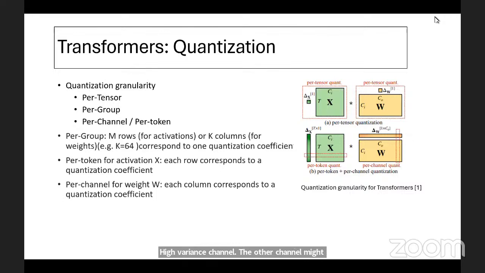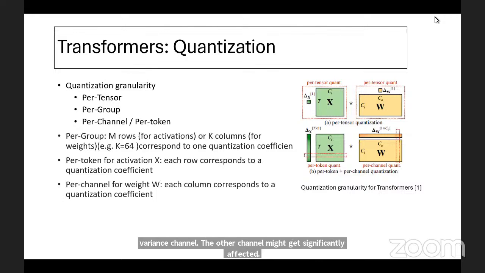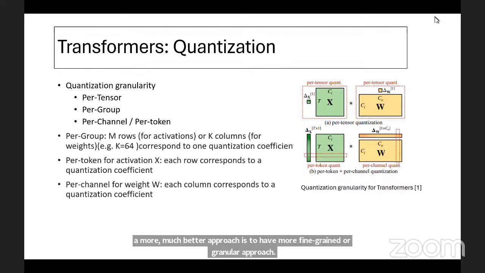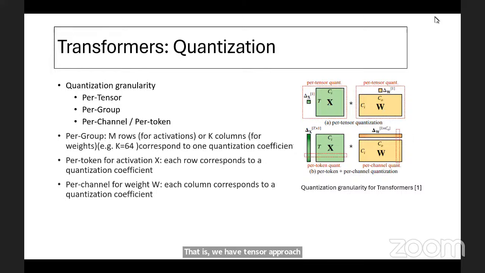So a much better approach is to have a more fine-grained or granular approach. That is, we have the per tensor approach, where if you see the distribution is friendly, you can go for per tensor. And there's the per group approach, where, given the vectors for weights and activations, you can group them into smaller chunks, like groups of 64 or something like that, where for each group you are calculating these quantization parameters, making it more fine-grained.